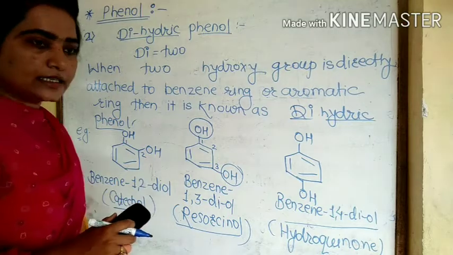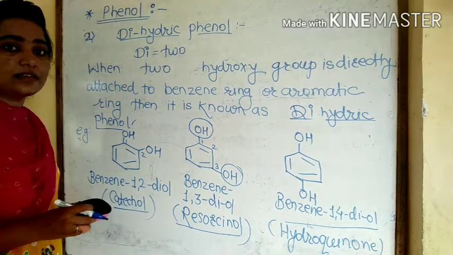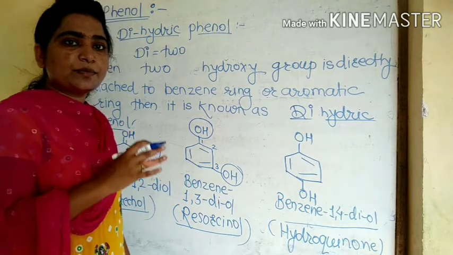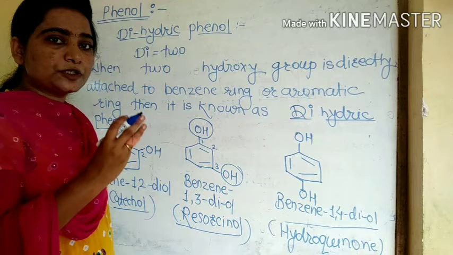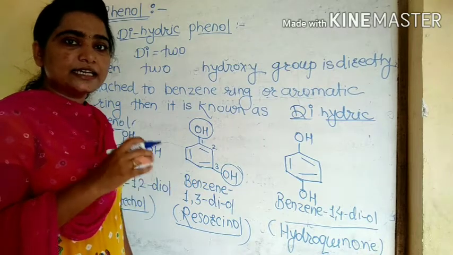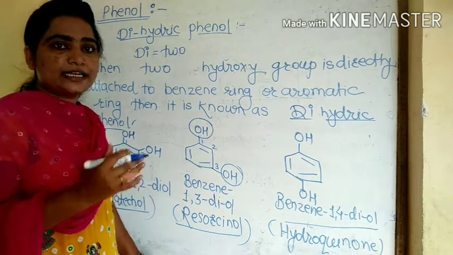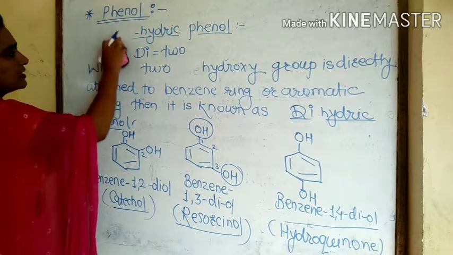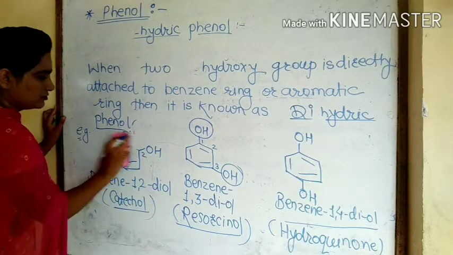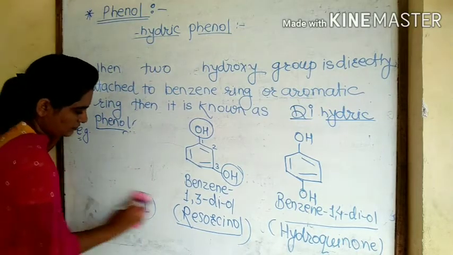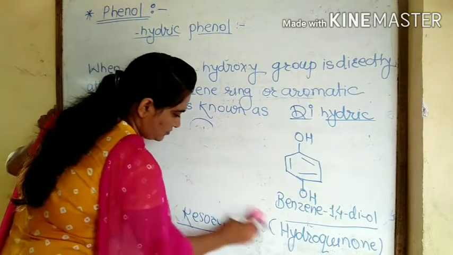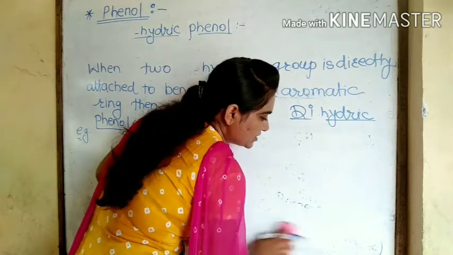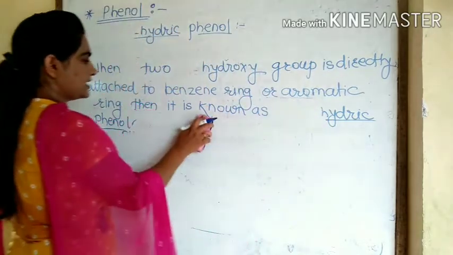Now we can see the third type of classification, that is trihydric phenol. Again, tri means 3. When any compound or phenol consists of 3 hydroxy groups in it, then it is known as a trihydric phenol. The definition is the same, only one or two words are different.